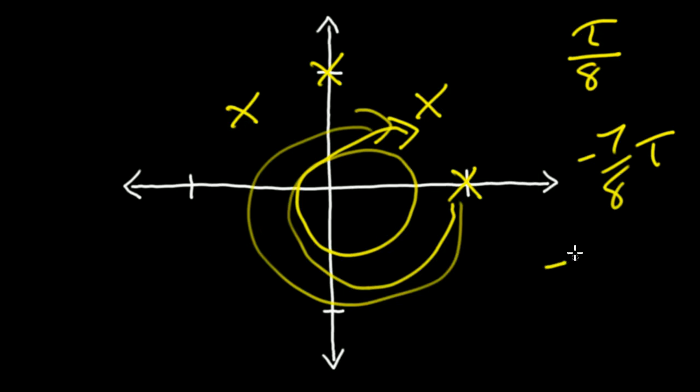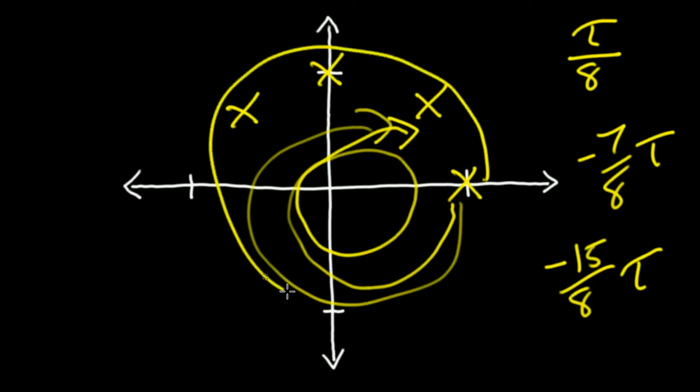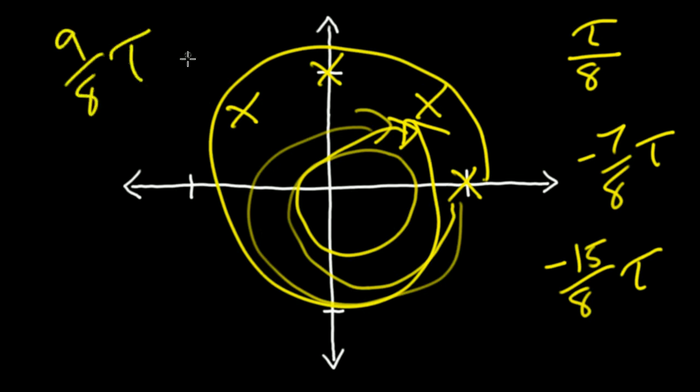Well, what's that? That's negative 15/8 tau. Or we could think of it as going around in the anti-clockwise direction once and then twice, or once and an eighth. So that would be 9/8 tau. We could keep going here and think of any integer number of rotations between samples that occur, and we can come up with all these different aliases.